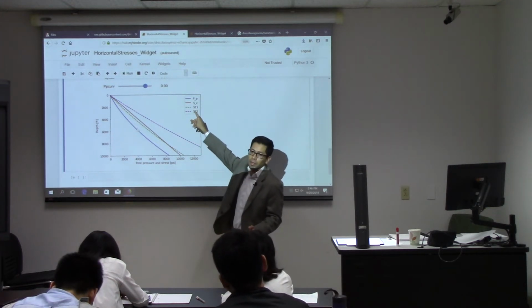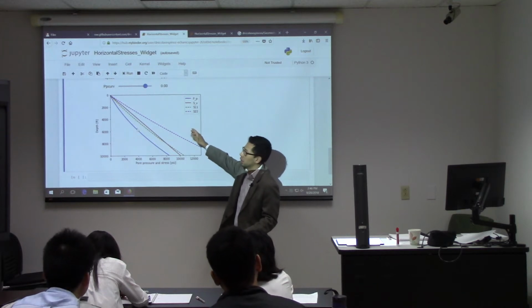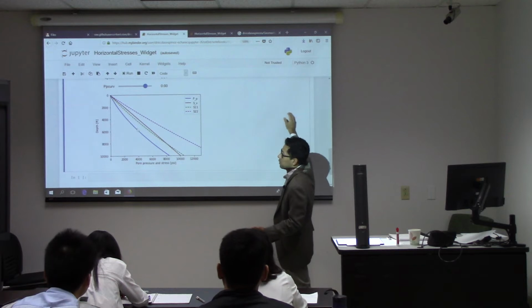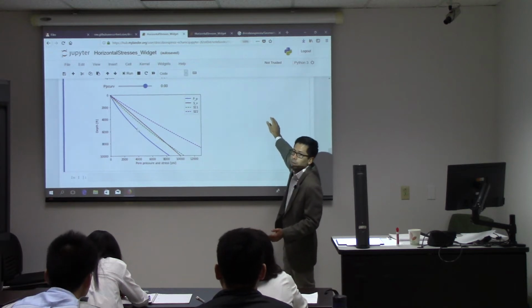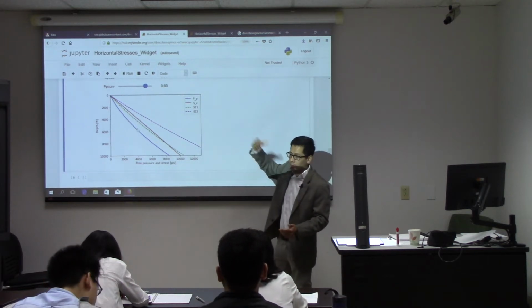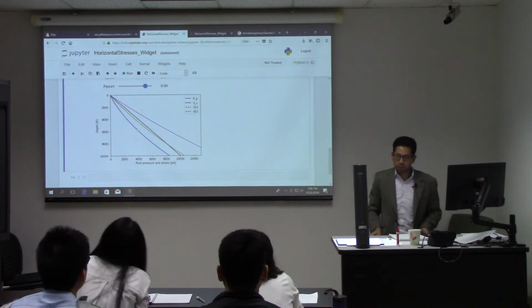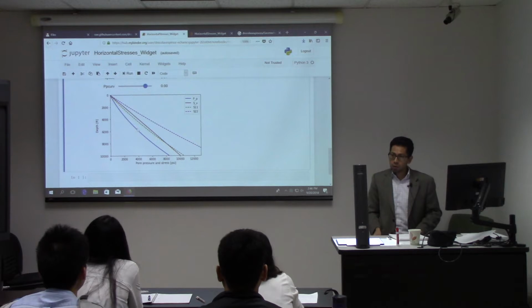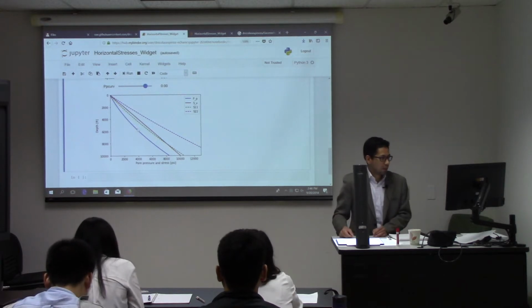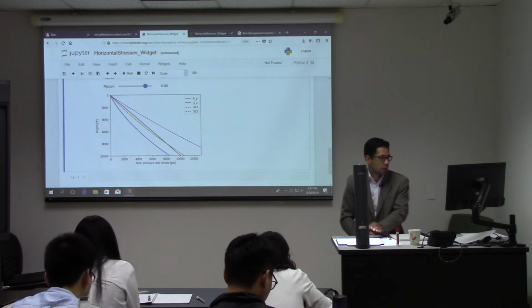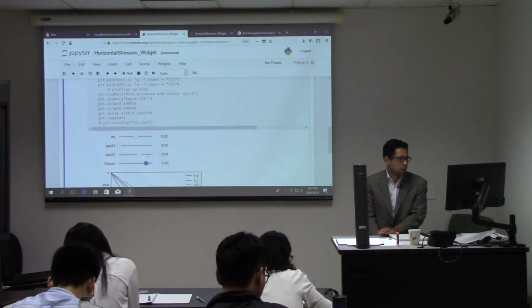If I put a tectonic strain of, say, 10% and get this stress up here, it's not going to happen, because before that the rock is going to break. That's something we're going to see later on. So I encourage you to play with this code and see what the effect of pore pressure is.